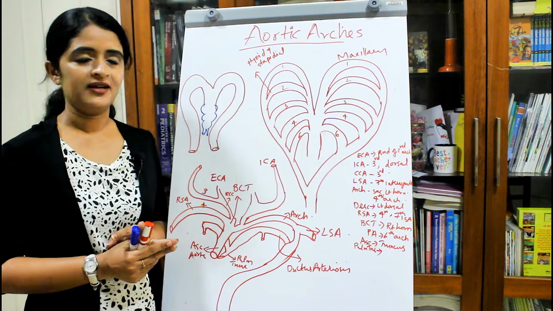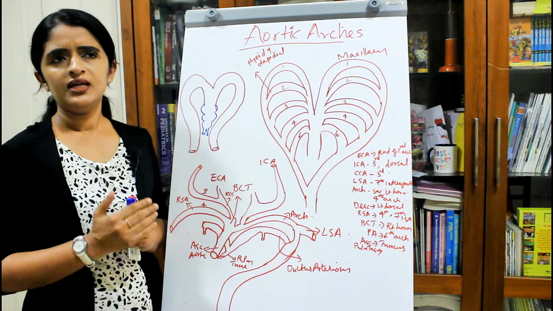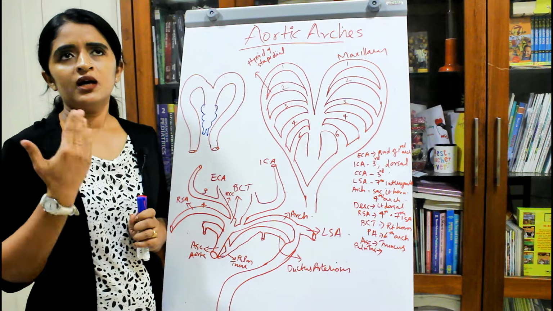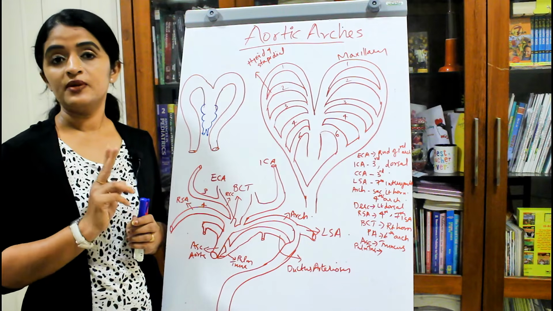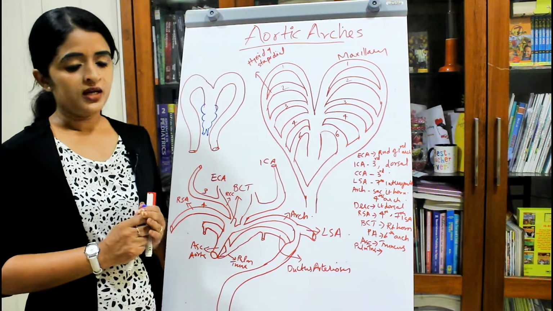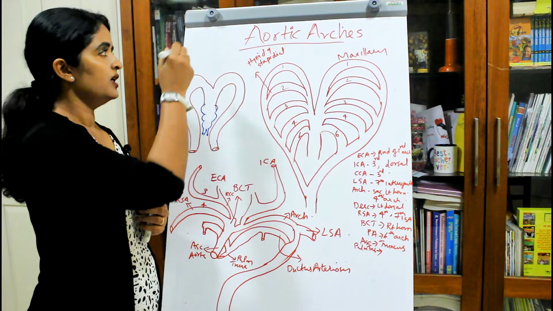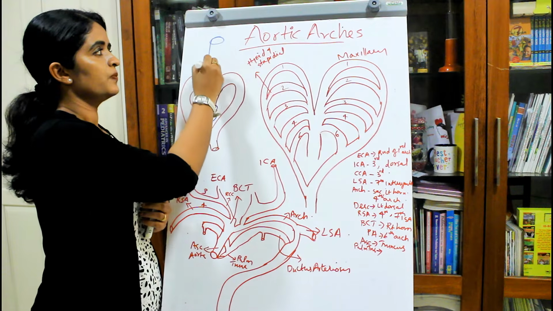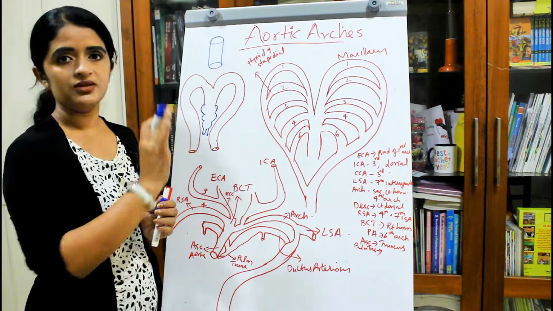So let's begin. Aortic arches. Before coming to the aortic arches, in the developing embryo, on either side of the body, in the beginning, there are two primitive aortae. You call it as primitive aortae. If you have a look from the lateral aspect, imagine this is the foregut.